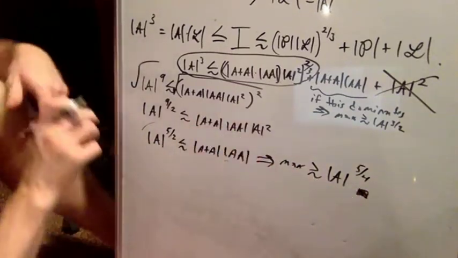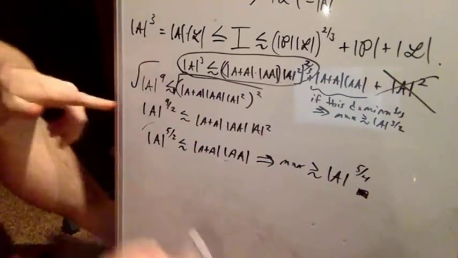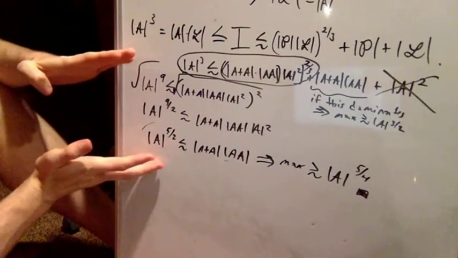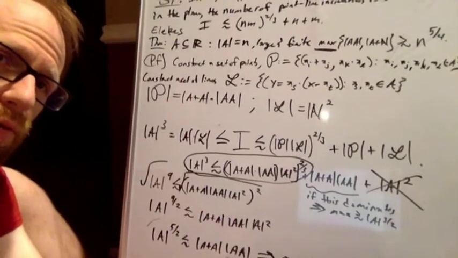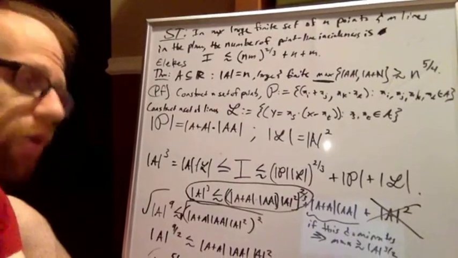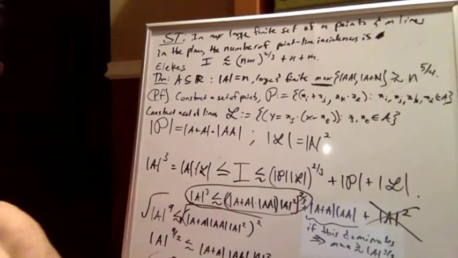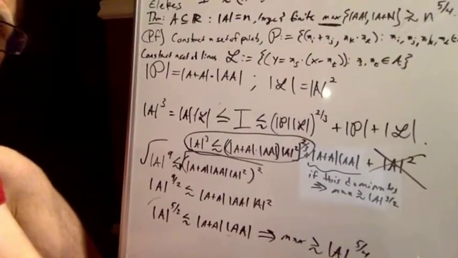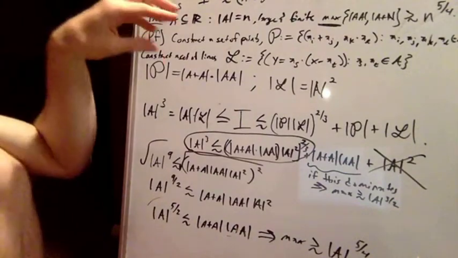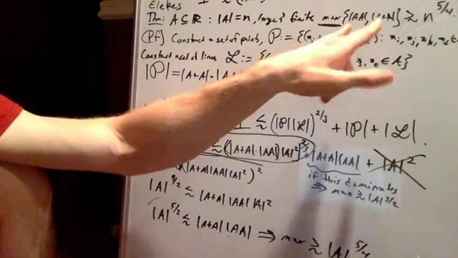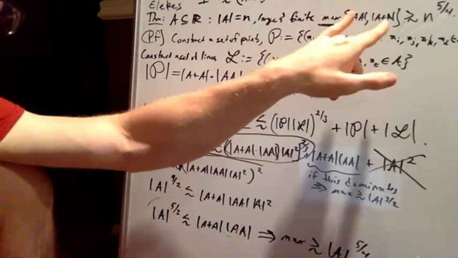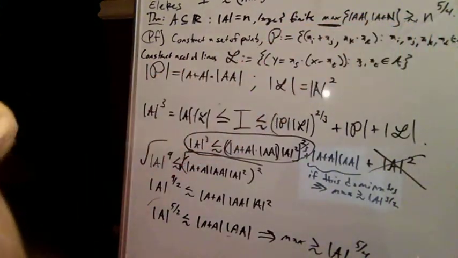So again, the big idea here: from here on down, it's just arithmetic, okay? The meat of this proof is we use Szemerédi-Trotter right here, okay? So what did we do? We started with some set of real numbers that was large and finite, and we claim that the max of either the size of the product set or the size of the sum set is at least n to the 5/4. And how do we do that?